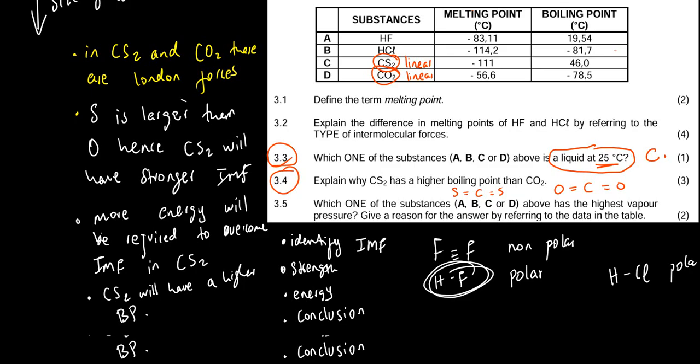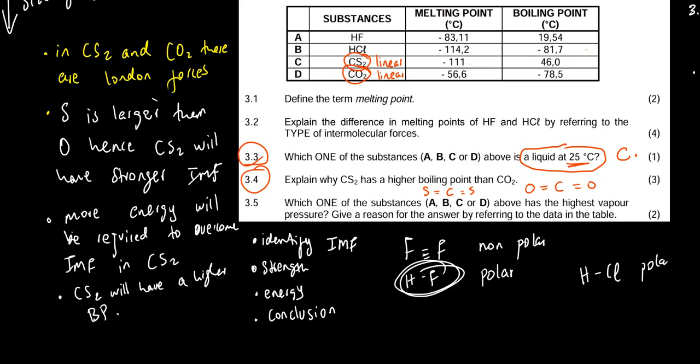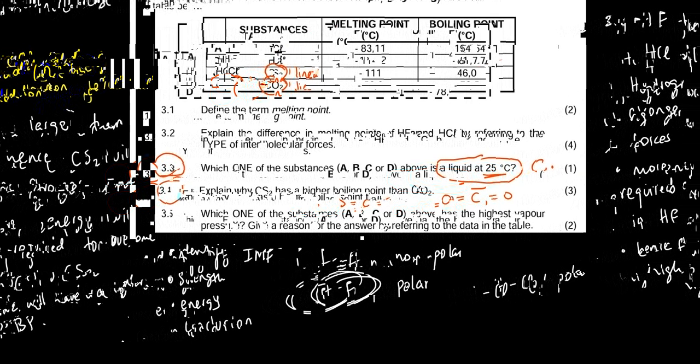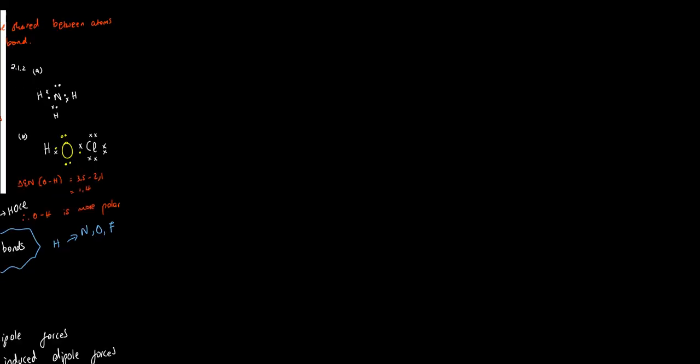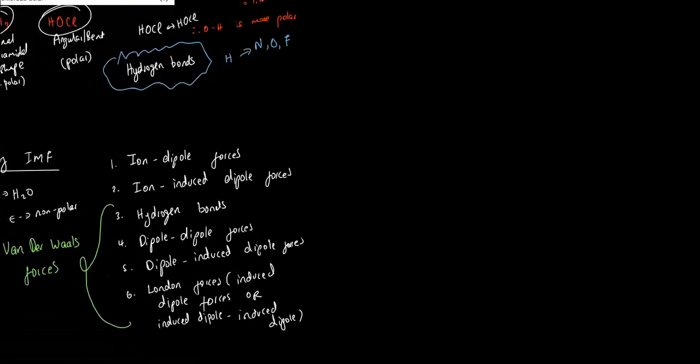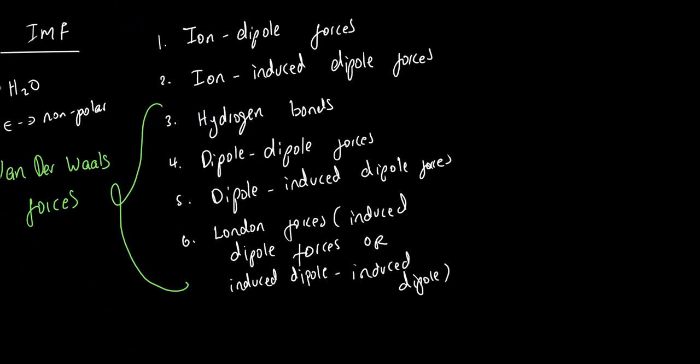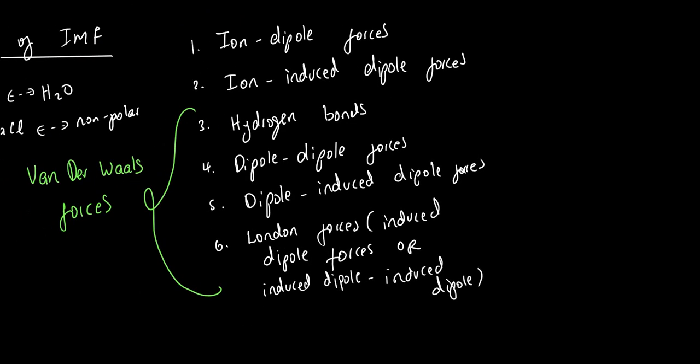Whereas if they have different intermolecular forces, you can simply go to the list and compare the strength of those intermolecular forces. You use the list.